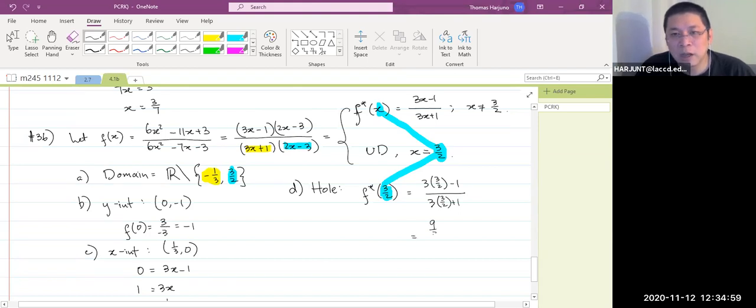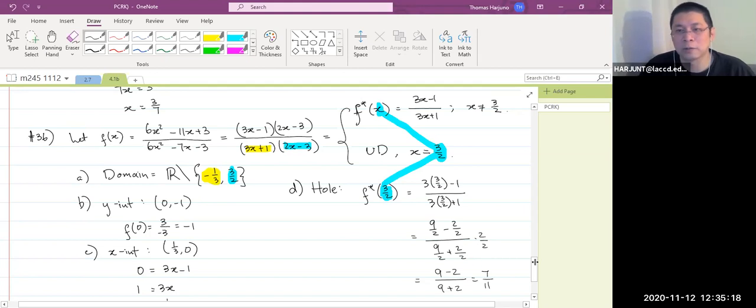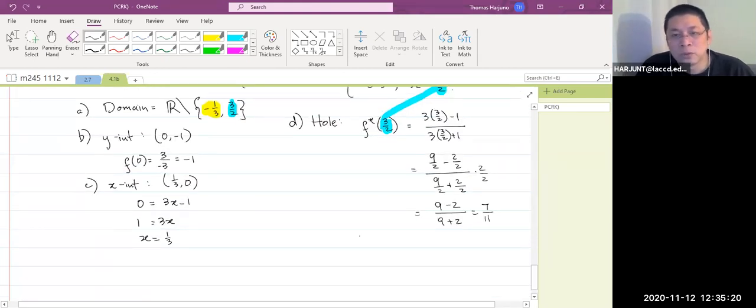That's 9/2 minus 1 over 9/2 plus 1. Multiply the top and the bottom by 2, that gives me 9 minus 2 over 9 plus 2. That's 7/11. Oh, I like that number. So the hole is located at (3/2, 7/11).